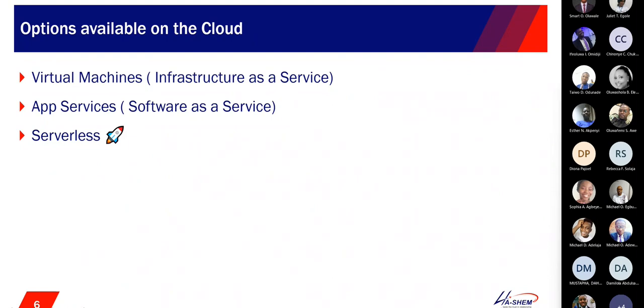But that's extra cost, because you have to pay for every moment that virtual machine is on, right? And what if you just have a small function? Then that is more or less a waste of money on a virtual machine.